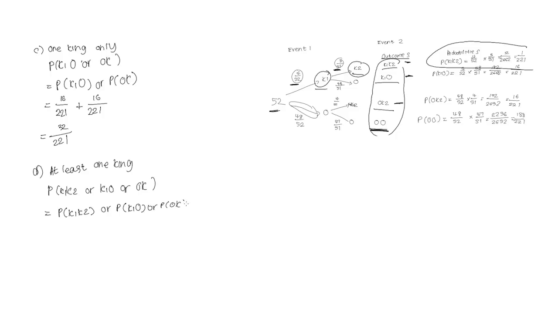We simply substitute in the probabilities from the tree diagram into our formula. And we obtain a final answer of 33 over 221. Therefore, the probability of drawing at least one king is 33 over 221.